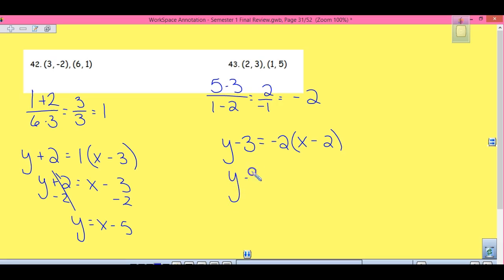Distribute: y minus 3 equals negative 2x plus 4. Add 3, y equals negative 2x plus 7. Okay, don't forget to put it into point slope form first.